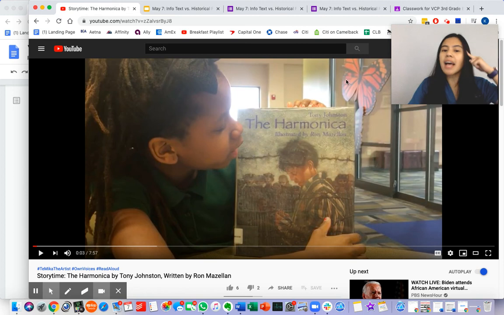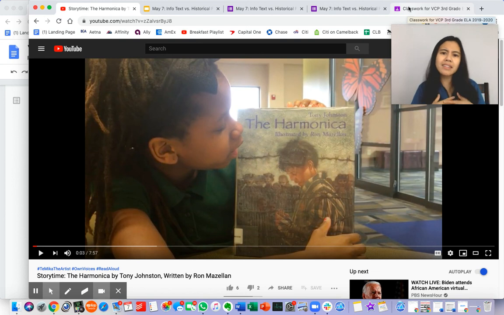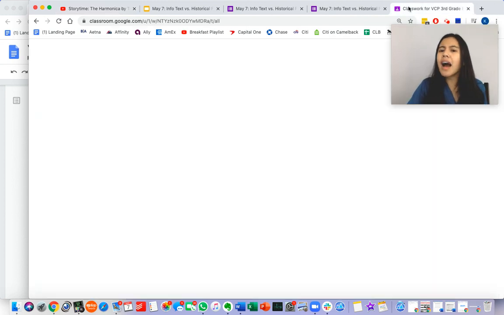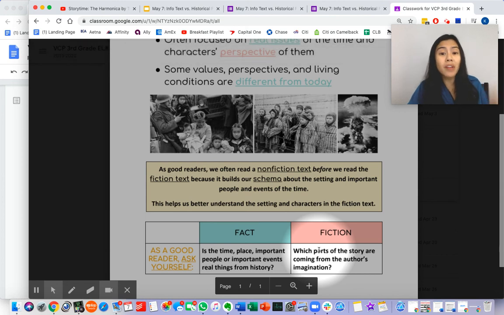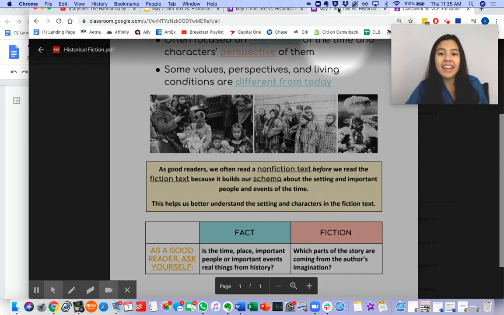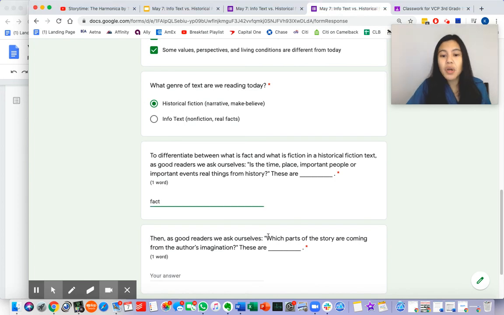So I have to ask myself, if this particular statement is talking about the boy's thoughts or feelings, then I know that must be fiction. It's coming from the author's imagination. Again, I have to ask myself, which parts of the story are coming from the author's imagination that have to do with some characters whom I know are make-believe? These are fiction.